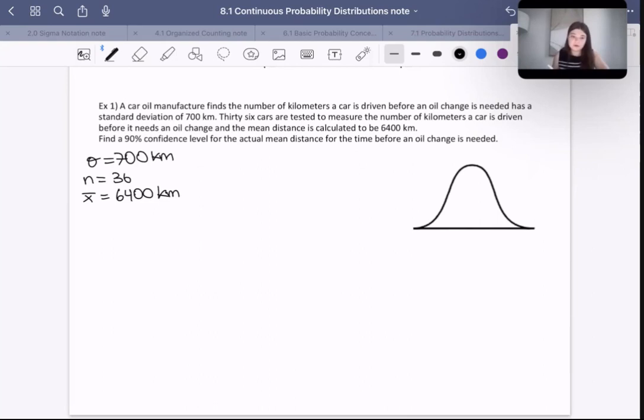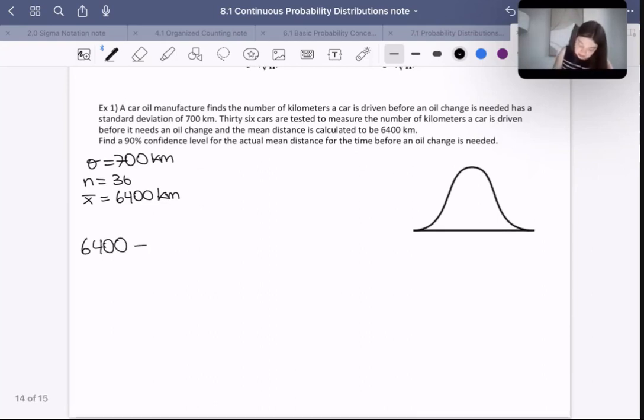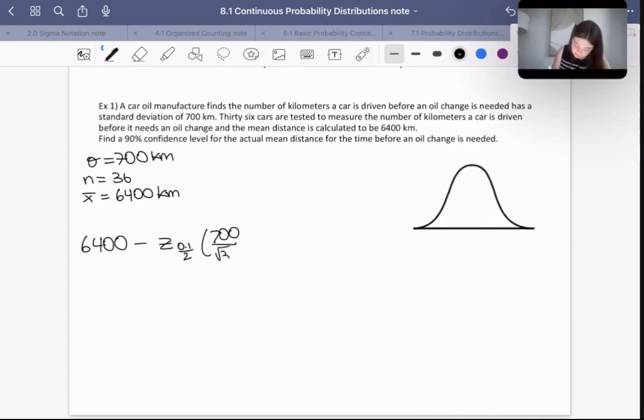So therefore, we would like to do 6,400 minus the Z score of 10% over 2, so 0.1 over 2, times 700 over root 36, less than mu, less than 6,400 plus that same thing.